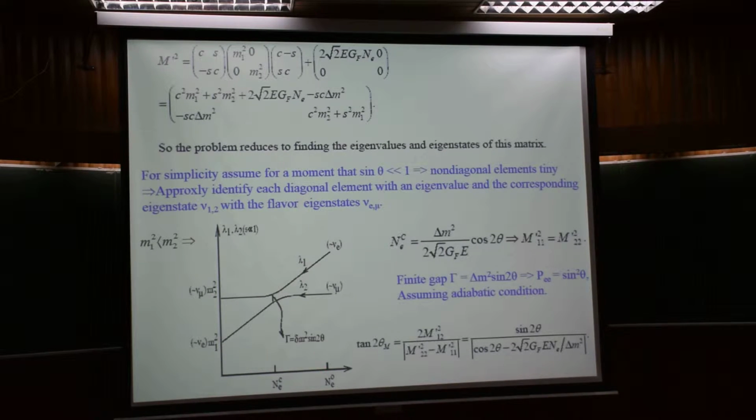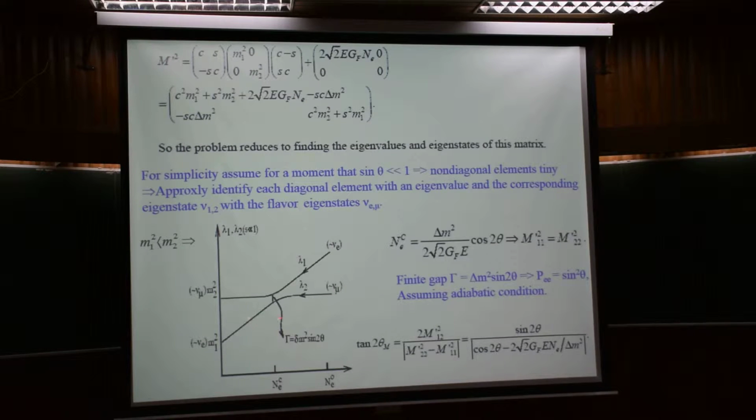But when you go to the solar core where neutrinos are produced, that density is much bigger than the crossover density. So the second term is much bigger than the first term. So tan 2 theta in matter at the core will always be small, no matter what it is in vacuum. So what is happening? The nu e produced in the solar core is traveling as nu 1, irrespective of the vacuum mixing angle. And when it comes to the crossover point, there you have resonant conversion, 45-degree mixing angle, whatever be the mixing angle.